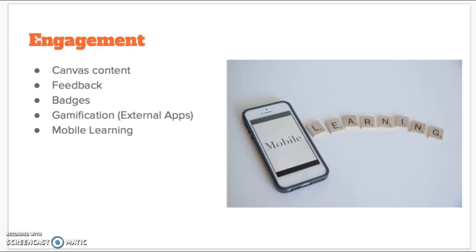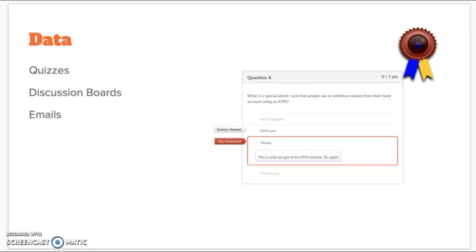I believe the feedback also helps with engagement. It gives the students confidence that is needed to proceed with different assessments. Now, this is where my favorite comes in. The different data that is used within Canvas. I use examples of some of my Bank 101 questions and answers that I embedded within the course. This one right here is an incorrect answer that I picked on purpose, and I gave the feedback, kind of giving them a little hint of why it's incorrect and what may be correct.